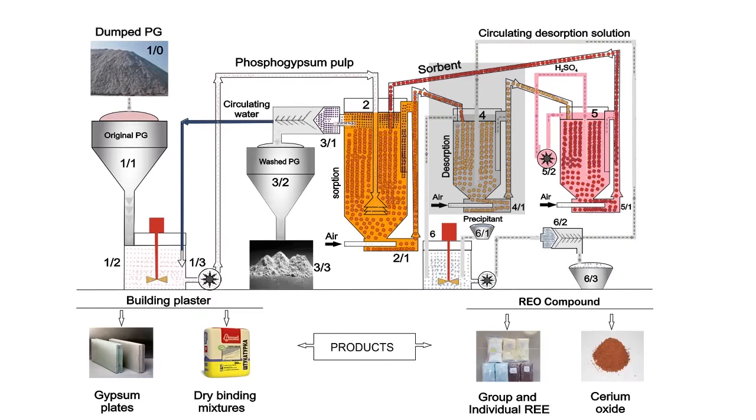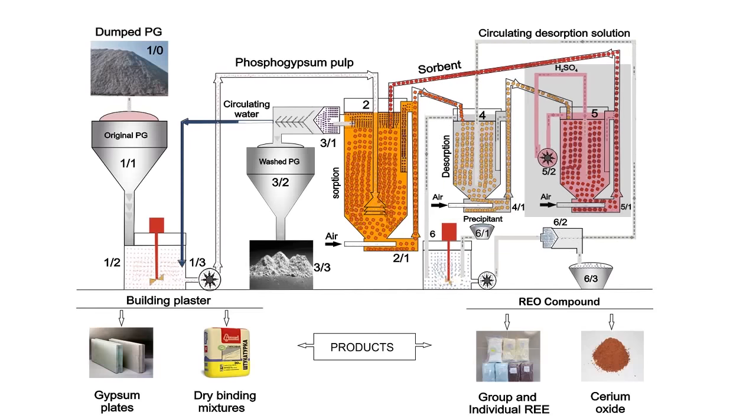Sorbent liberated from Re is accumulated at the bottom of column 4 and via airlift, position 4-1, unloaded in the sorbent regeneration column, position 5, and desorbate solution containing rare earth elements is poured over the top of the column tube 4 into the precipitation reactor, position 6.